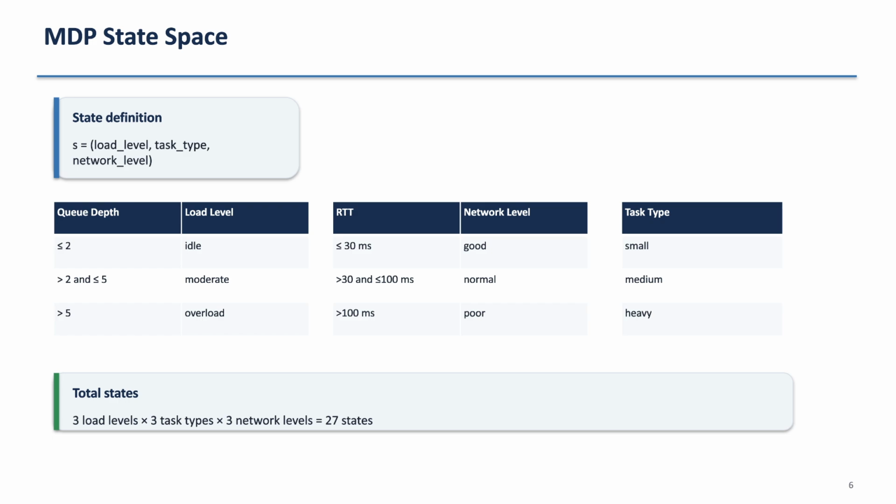And when the RTT is more than 100 milliseconds, the network level is poor. And task type we mentioned before is small, medium, and heavy. So there are 3 load levels, 3 task types, and 3 network levels. So there are 27 total states.